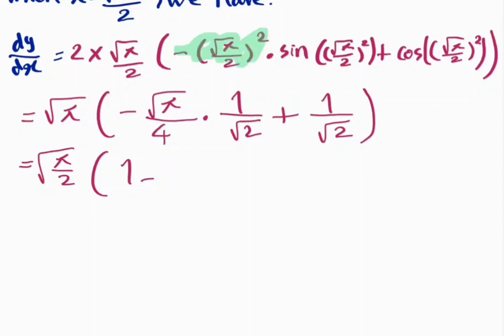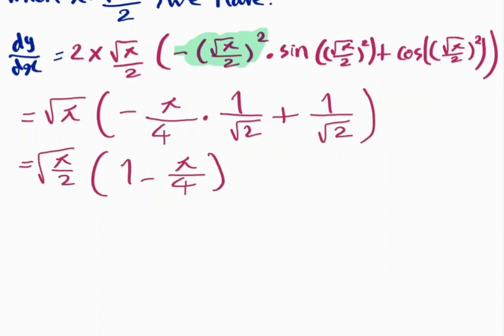When you square this, you should get minus pi over 4, but here I mistakenly wrote root pi over 4. So this root will be gone, and now inside we should have 1 minus pi over 4.